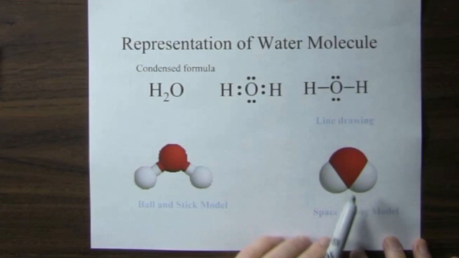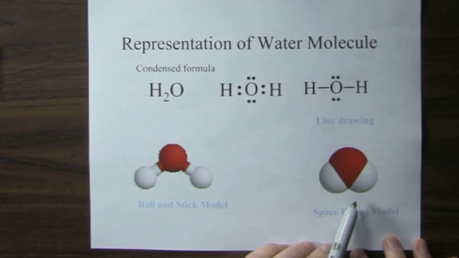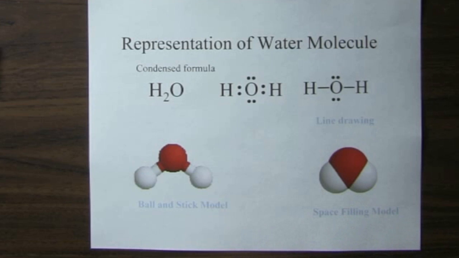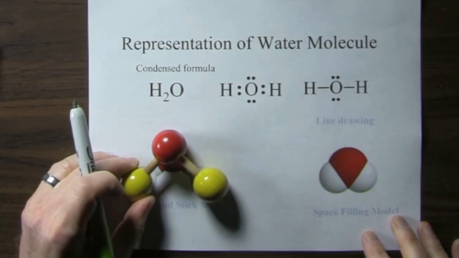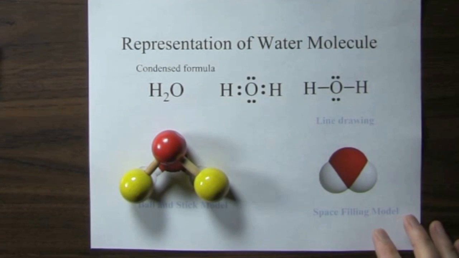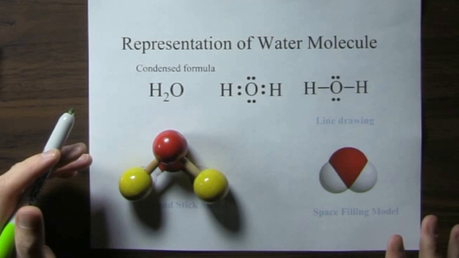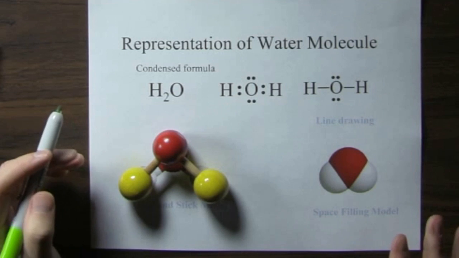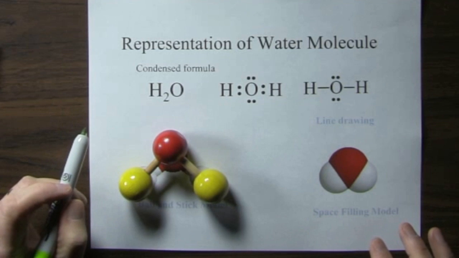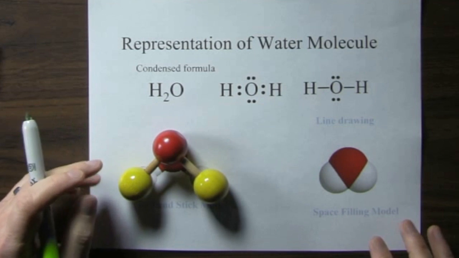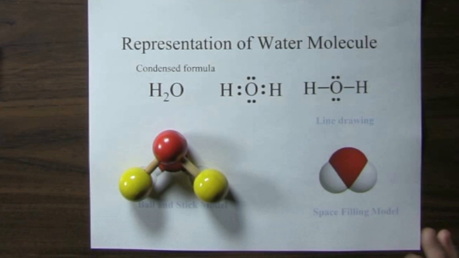And we can use a computer to generate space-filling models. What I'd like to do today is to work with actual three-dimensional models so that we can learn about the ways in which we mathematically describe the symmetry of any three-dimensional object, but of course in chemistry we're interested in molecules.